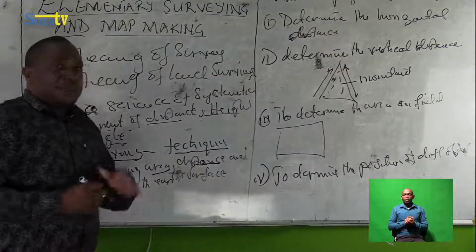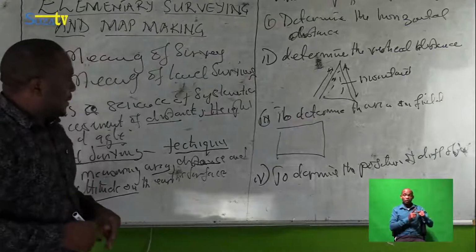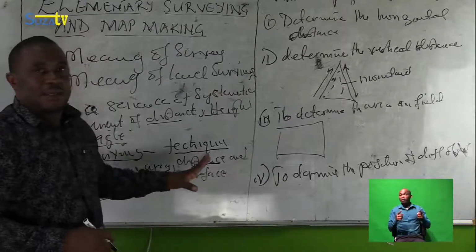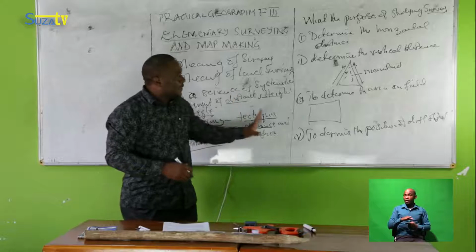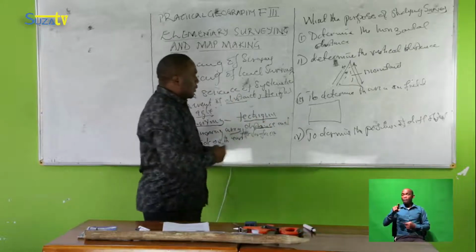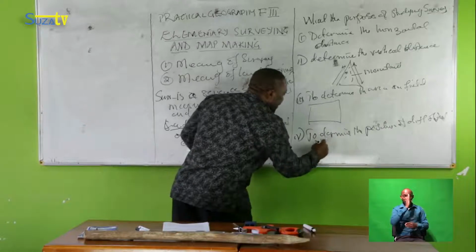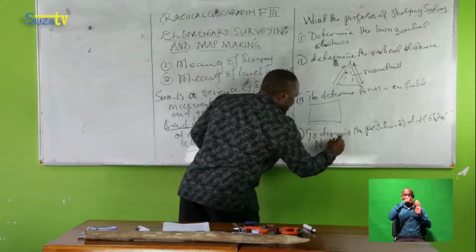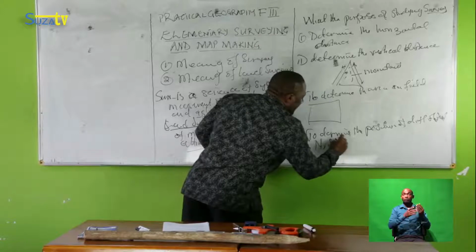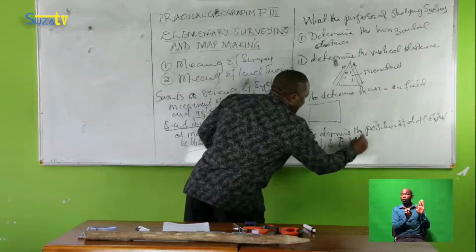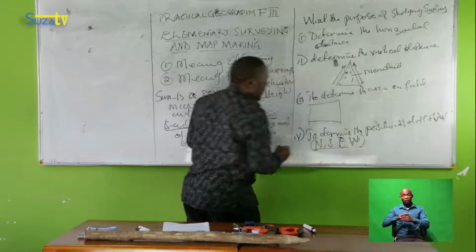Also, one among the branches we can discuss later is compass survey. A compass can be used for position, or we can say it gives the north direction, south direction, and east and west.